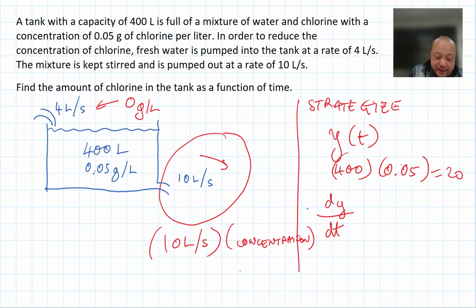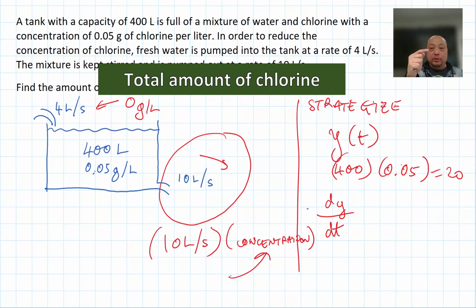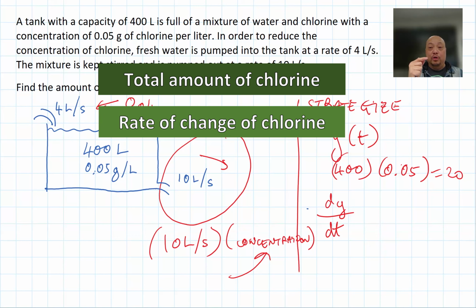That means I will need to know the concentration. And concentration is equal to the amount of chlorine divided by the total amount of liquid. That's the definition of concentration, right? So now I know my strategy. In order to find the total amount of chlorine, I need to find the rate of change of the chlorine.